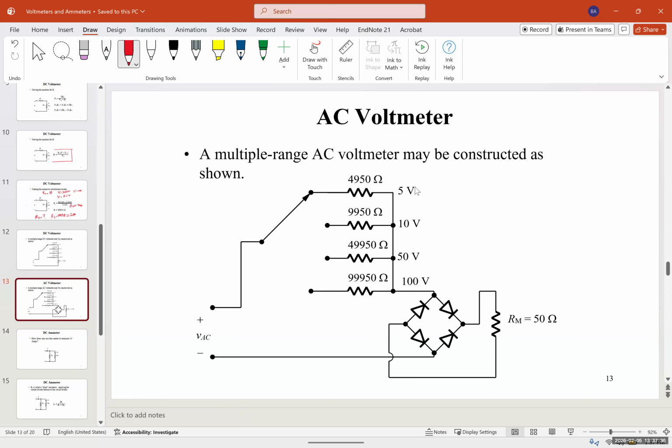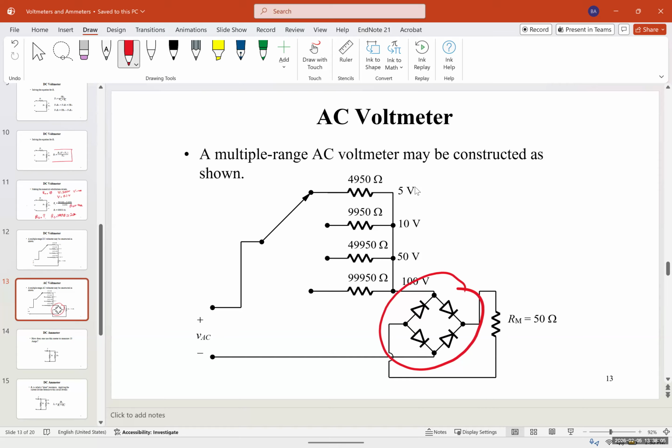Instead of having the positive negative cycle, we would have those ripples. Now, if you add a capacitor and a resistor, you can filter out and reduce the ripples as well, and reduce the ripple factor. So by adding a rectifier, we can measure AC voltage as well.